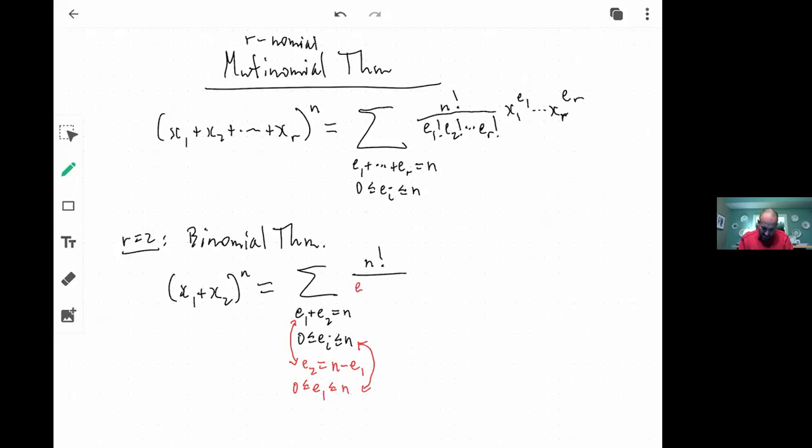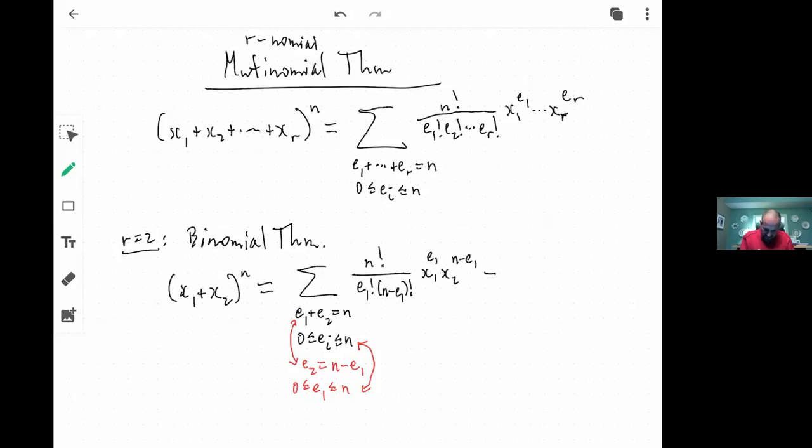So this is going to be E1 factorial, and then n minus E1 factorial, x1 to the E1, x2 to the n minus E1.